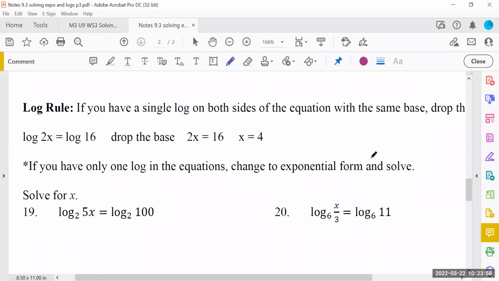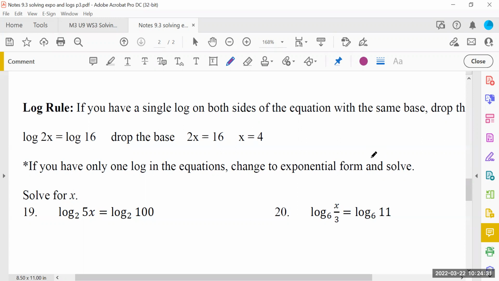What if I have logs on one side or both sides of an equation? It's actually not bad. In fact, it's almost identical to what we were doing before. So if I have log of a base of something equals log of a base of something, if the log and base match, if they are the same, I can ignore them, just like I was ignoring the base of the exponents on the previous set.